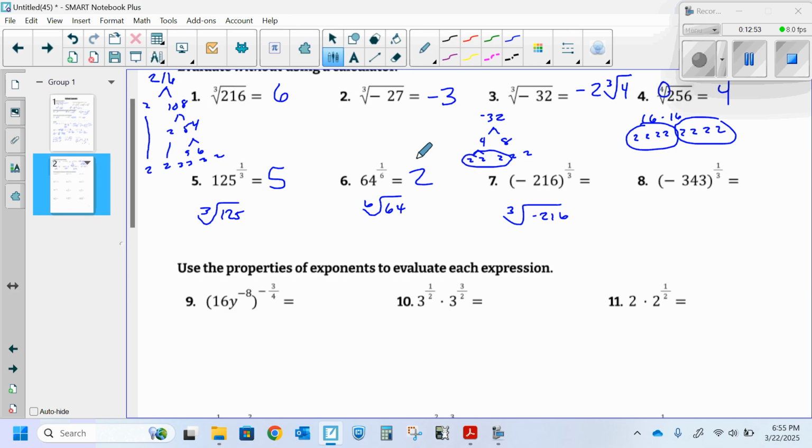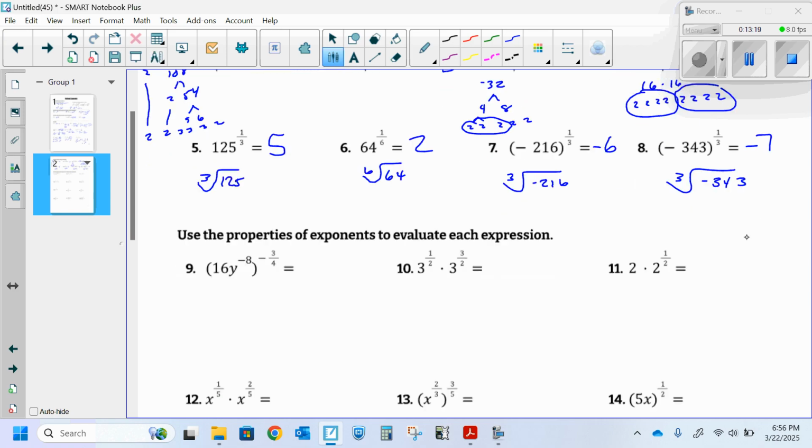Well, we just did the cube root of a positive 216 up here, so this is going to be a negative 6. And the cube root of a negative 343. Notice the parentheses around that. Actually, that wouldn't make a difference on that one because it's an odd root. But anyway, the cube root of a negative 343. May not know this one, but this is a negative 7. And I could do a factor tree for that as well, but I'll just tell you it's a negative 7.